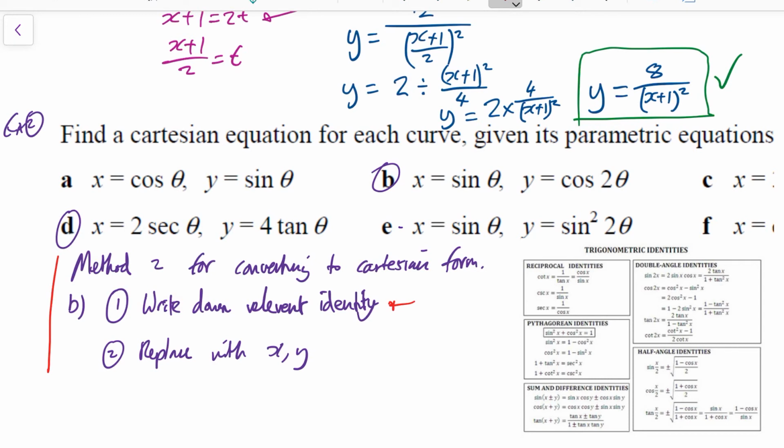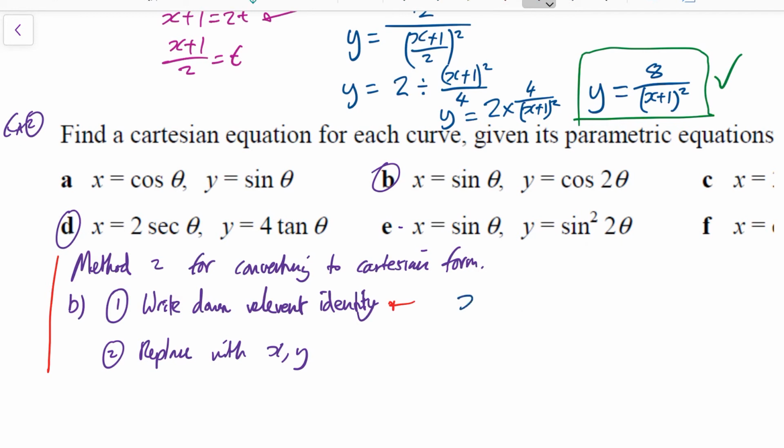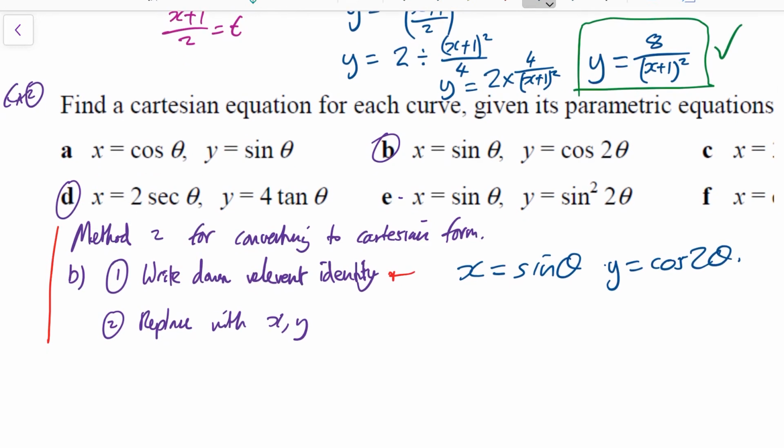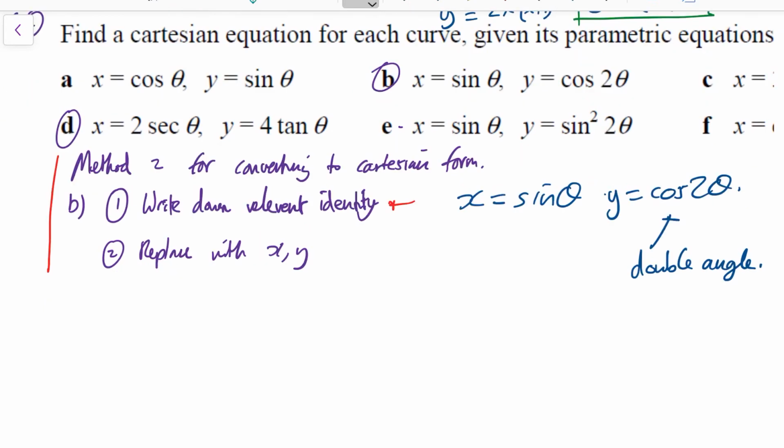Let's have a look at part B. What's our relevant identity? Well, we've got sine and cosine here, but we've also got cos 2 theta, and this tells me that it's likely to be the double angle formula for cos.